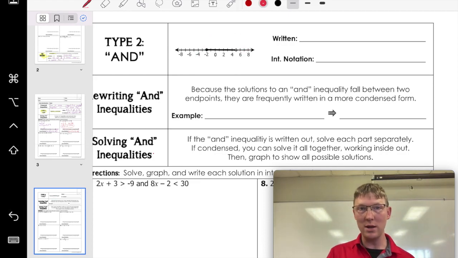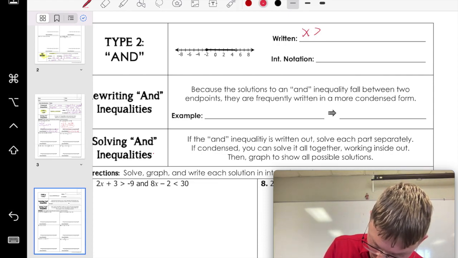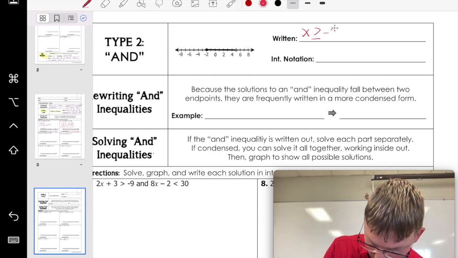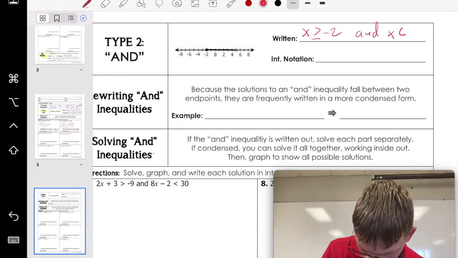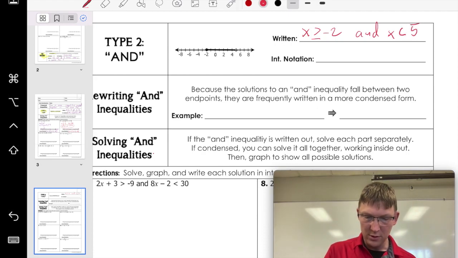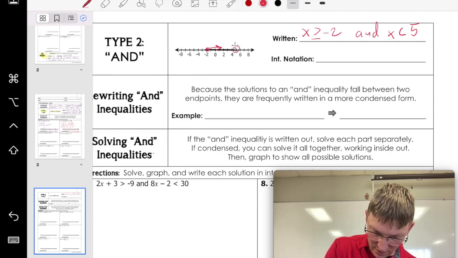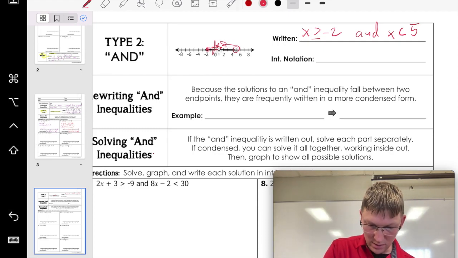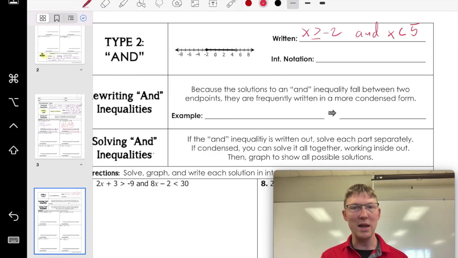That type of interval would be written like x is greater than or equal to -2 and x is less than 5. So x is greater than -2 is this part right here, and x is less than 5 is this part right there. And the interval is those little guys in between. So that's kind of the difference between an or and an and.